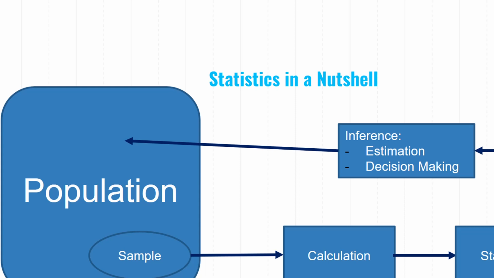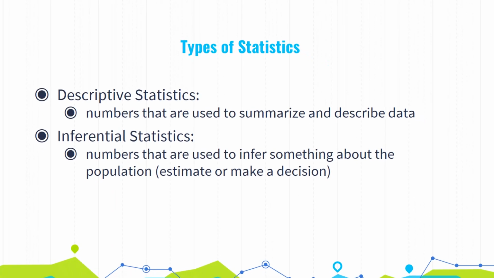The other task is decision making. Is the population this or that? Yes or no? Is this a characteristic or is it not? Is it this or is it greater than that? So that's a decision-making task. Later on, we'll be calling those confidence intervals and hypothesis testing. Those are the main first examples of estimation and decision making we'll get into later.